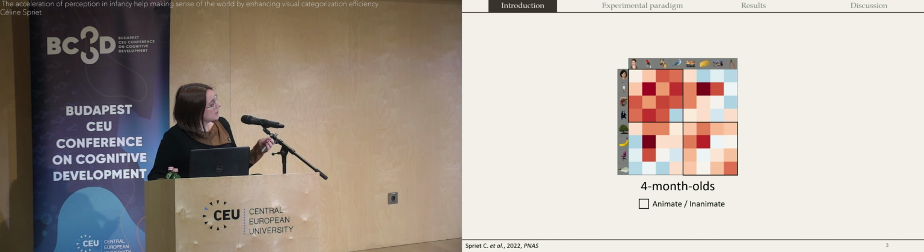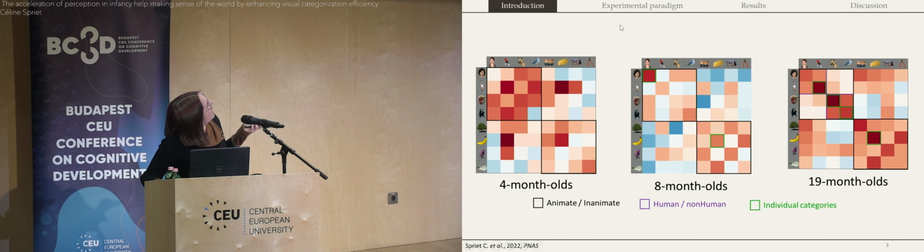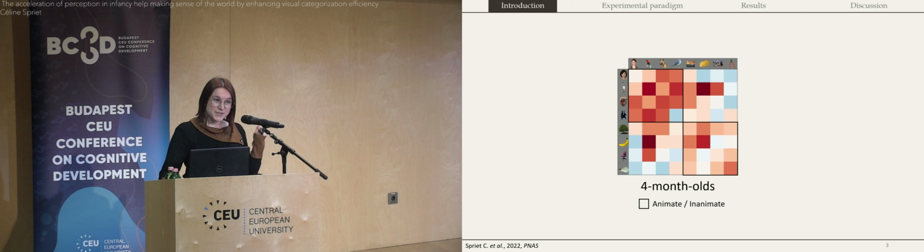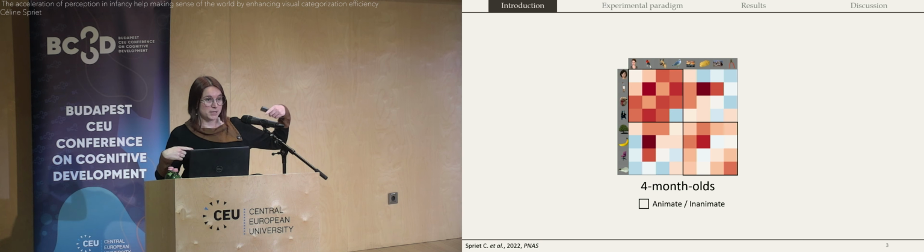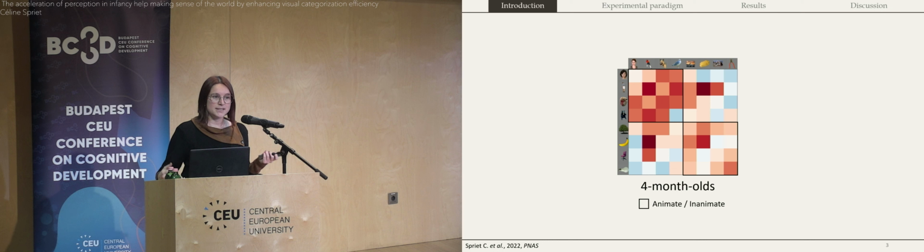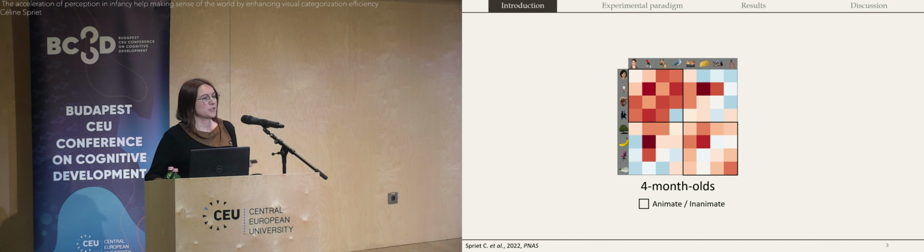And so we clearly see here a red square within the animate comparison, a red square within the inanimate comparison, and the blue squares between animate and inanimate comparison, so that we clearly see animate and inanimate representation as soon as 4 months of age.